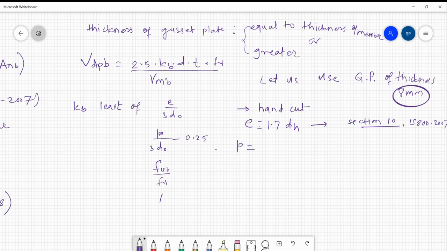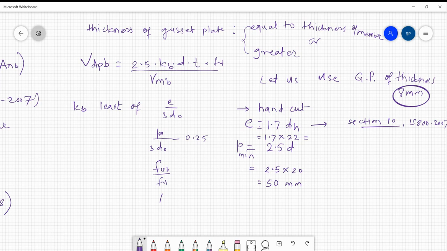Next P, we will take minimum pitch here, so it is 2.5 times nominal diameter. So 2.5 multiplied by 20, it will be 50 mm. So E value you will get 1.7 times diameter of hole, for 20 mm bolt it will be 22.